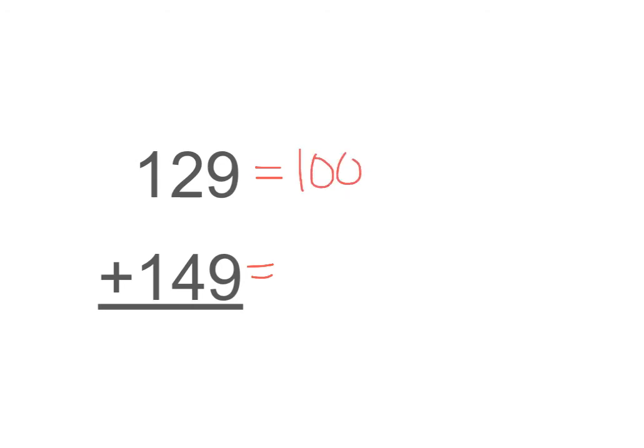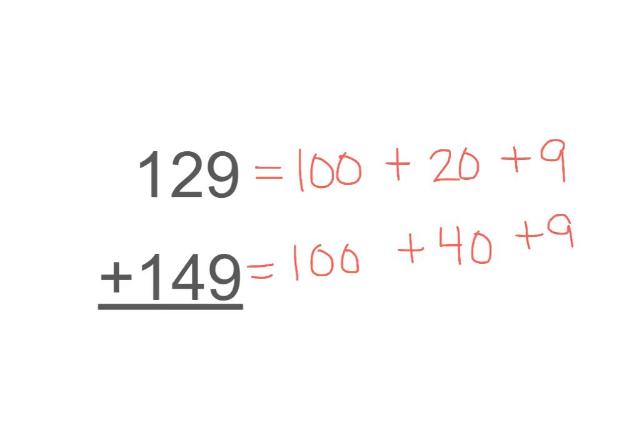100 plus 20 plus 9. 100 plus 40 plus 9. As you look at this, you could tell the answer is going to be in the 200s because these are all low digits here and there's not another 100 there.